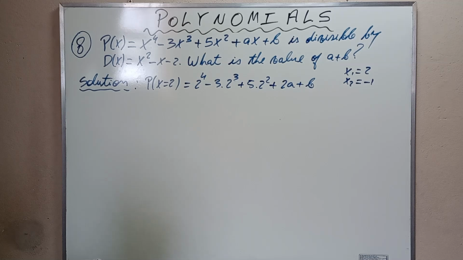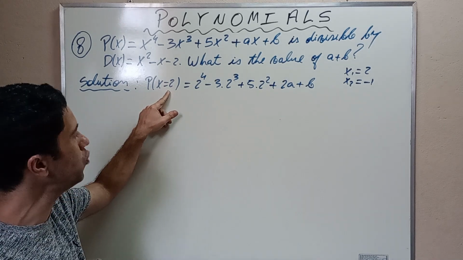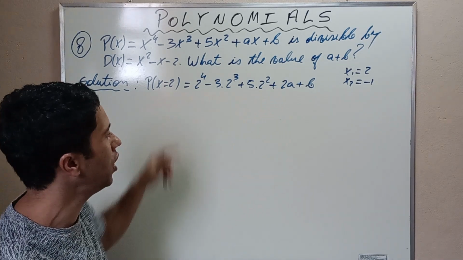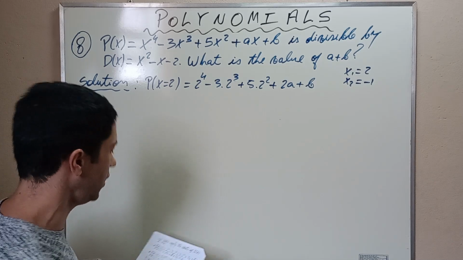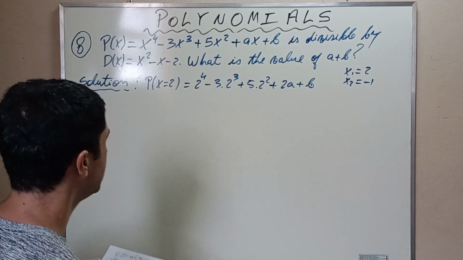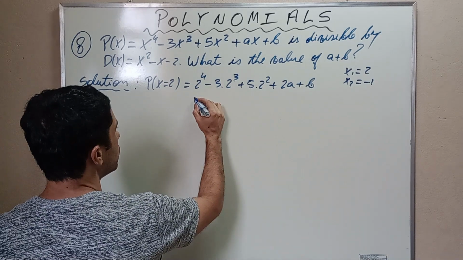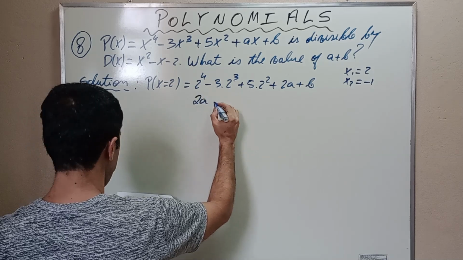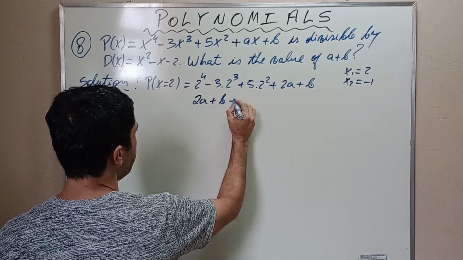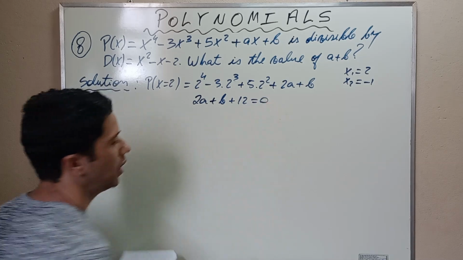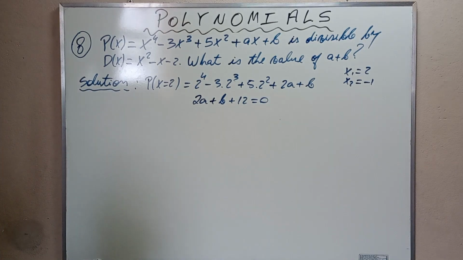And this, as we saw, has to be 0, because we are assuming that 2 is a root of this polynomial. Then we find that 2a plus b plus 12 has to be equal to 0.